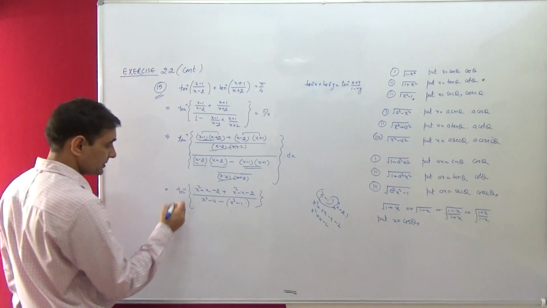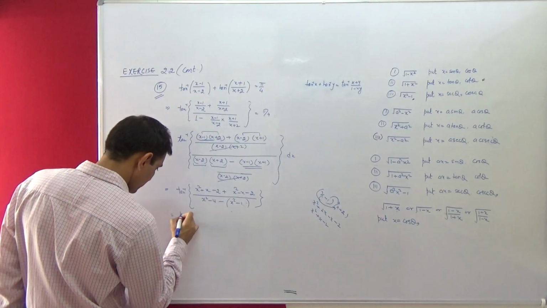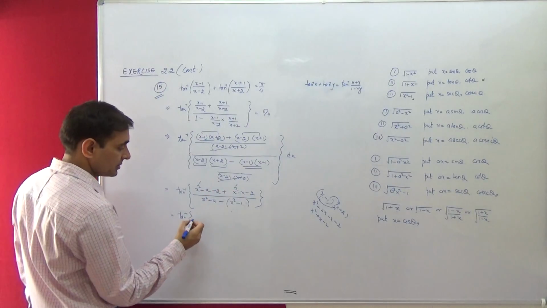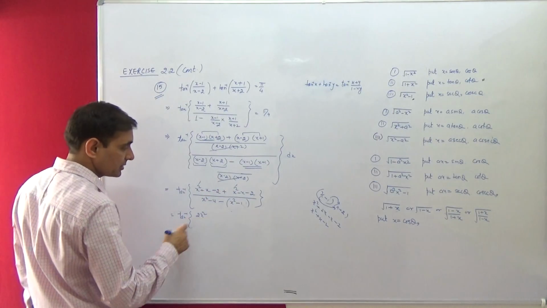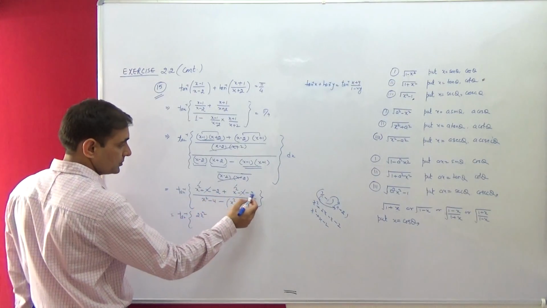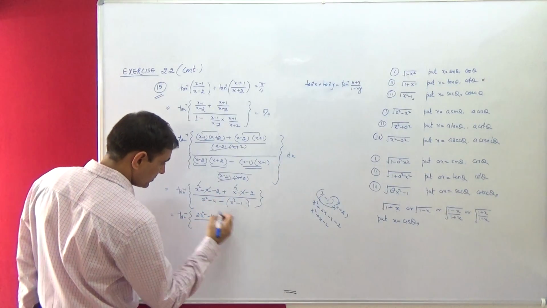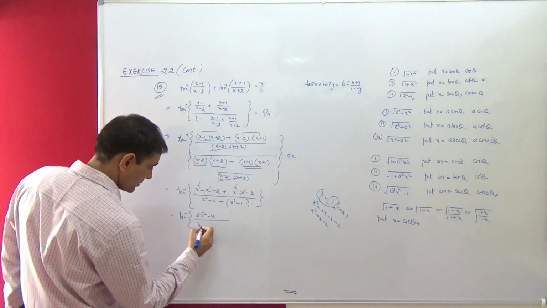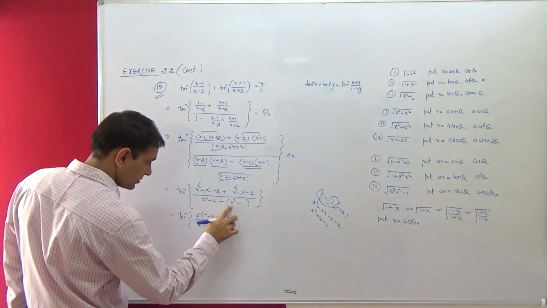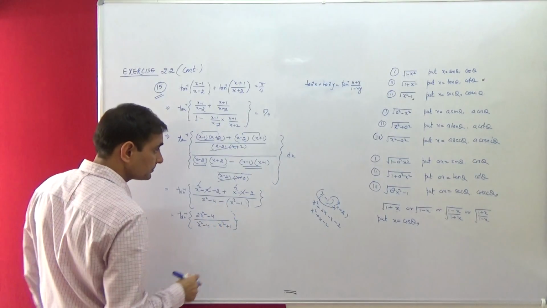If you simplify this, this will be tangent inverse of x square plus x square, 2x square, x and x will cancel each other, minus 2 minus 2, that is minus 4, upon x square minus 4 minus x square plus 1.